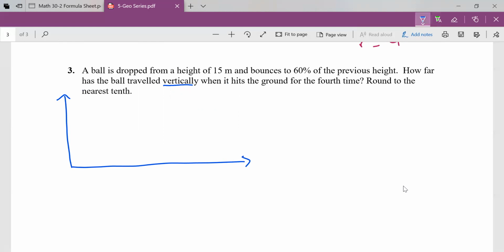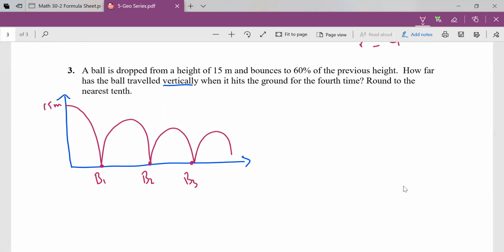So we're dropping the ball that bounces. It's dropped from a height of 15 meters. And bounce 1, I'll just call it B1, B2, B3, and B4 when it hits the ground for the 4th time.